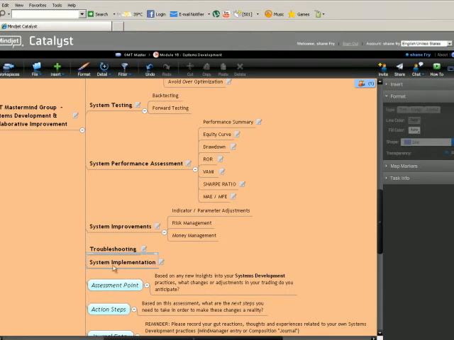And then the system implementation, that's just about flicking the switch and having it running in automation. Initially that would be simulation to make sure that the trades are setting up as they should.